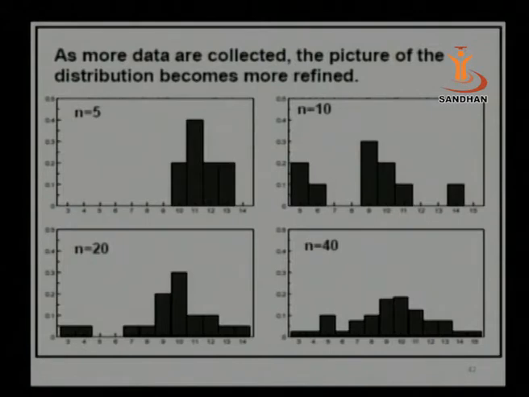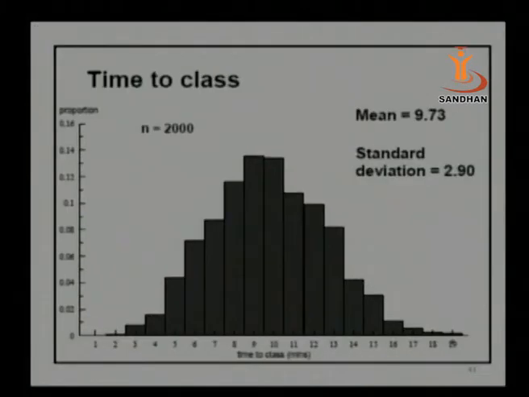Now for n tends to infinity, we will take some large number of n. For 2000 students, I have got the transition time, meaning the time to go to the class. It is perfectly like a normal distribution with mean 9.73 and standard deviation 2.90.